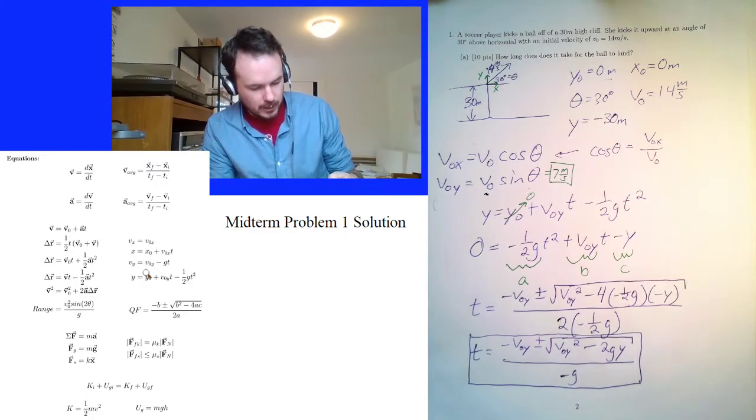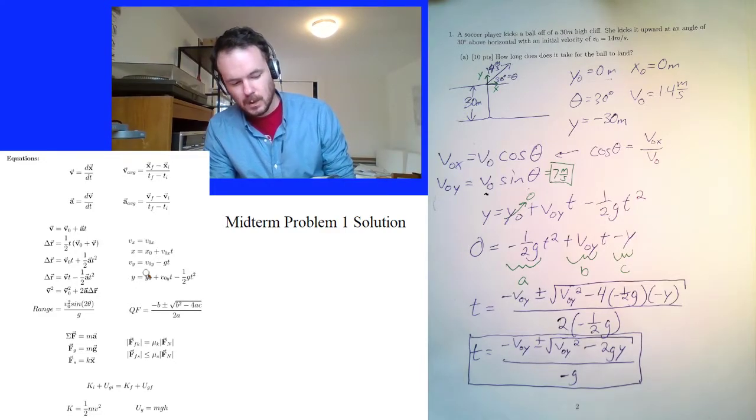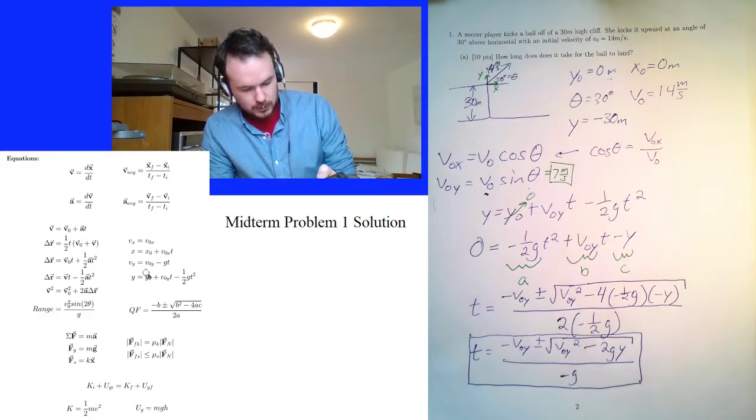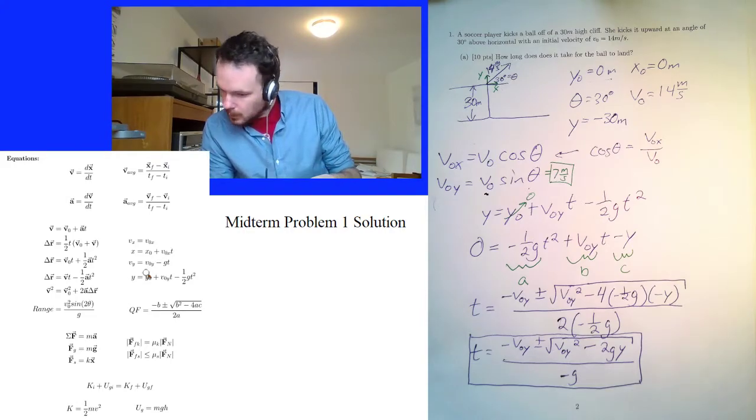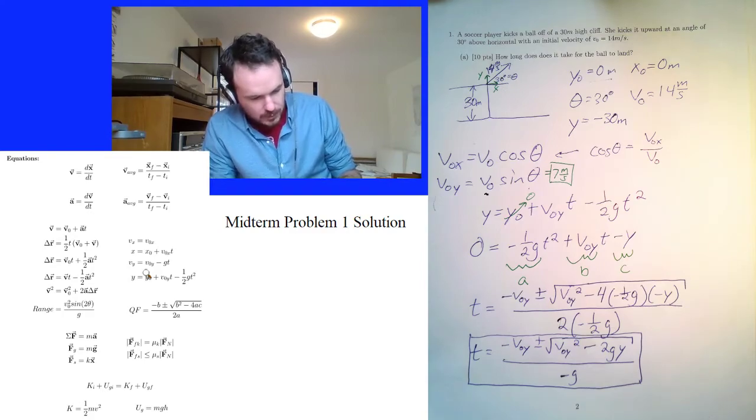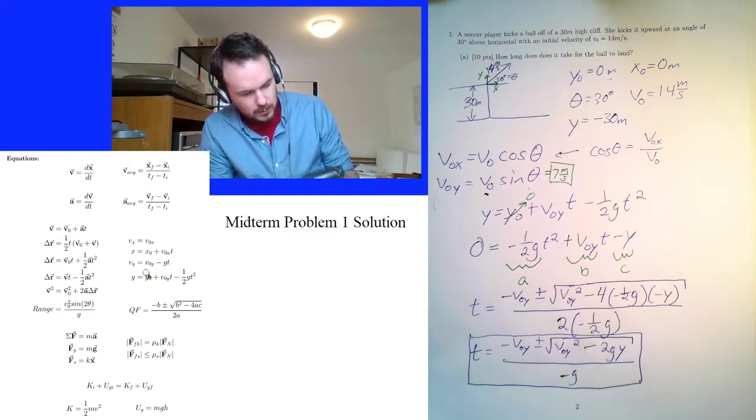So I'm going to use that in here. So I've got negative 7. I'm just going to try plus first. Plus square root of 7 squared minus 2 times 9.8 times my y final, which is negative 30. Okay, so that's the square root, and then I'm going to divide that all by negative 9.8.